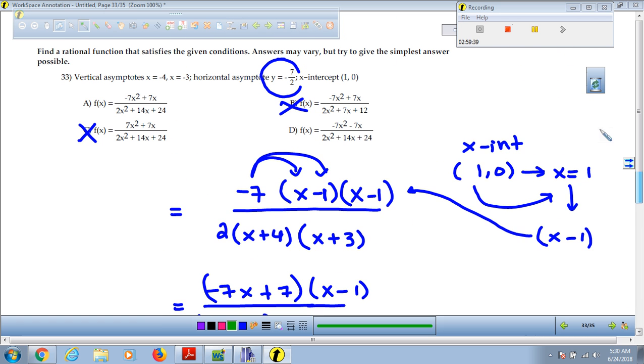Let's work it out backwards then. Negative 7x squared plus 7x. I'm just taking at random this expression, and then I'll do the same thing with this. I want to see, like, if I solve for x, we get minus 1.